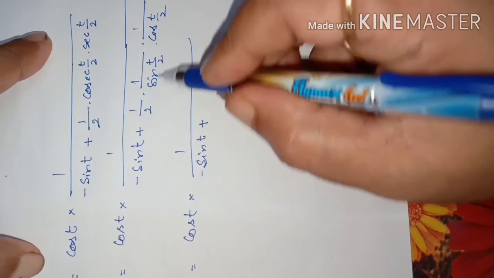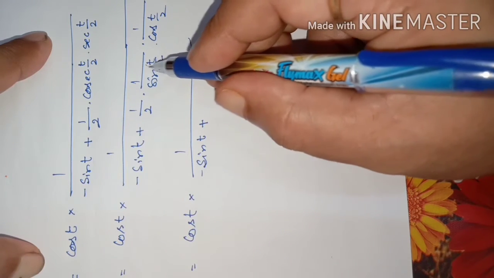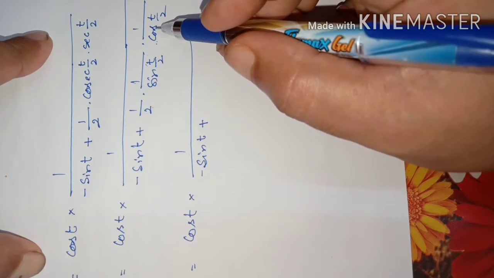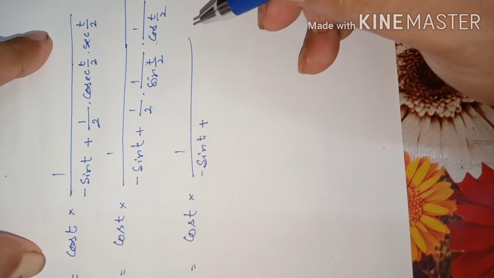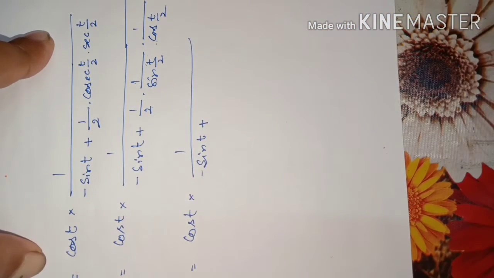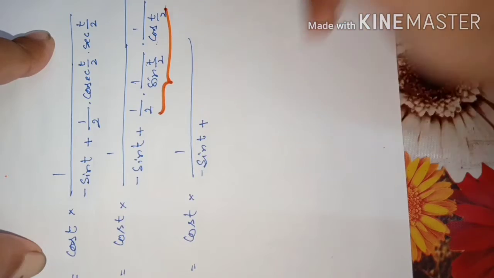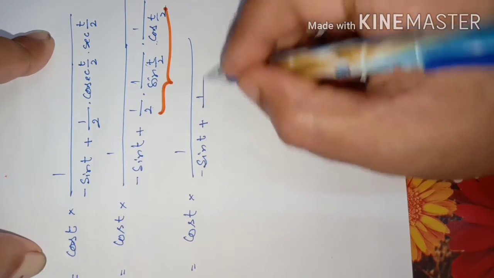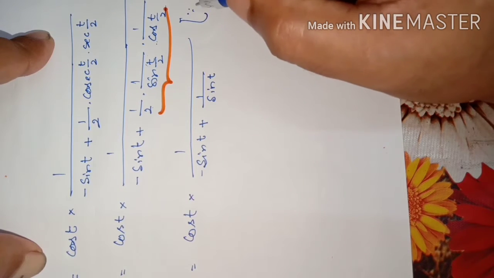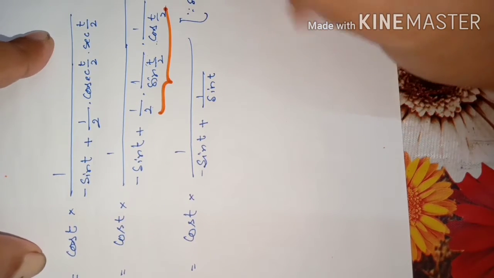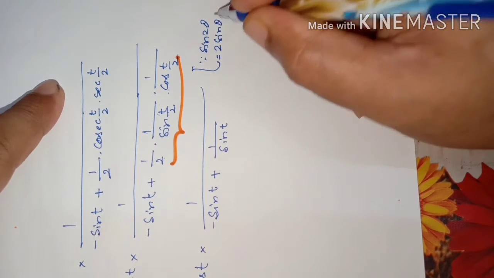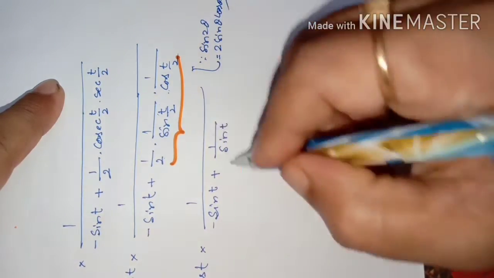It is just like twice sin theta cos theta. Think of t by 2 as a single angle theta. So twice sin theta into cos theta means sin twice theta, sin 2 times of t by 2. That will be completely only sin t. This whole thing will be only sin t, 1 by sin t. By this identity, I am just saying that sin twice theta is equal to 2 sin theta cos theta. Using this, we are getting like this.